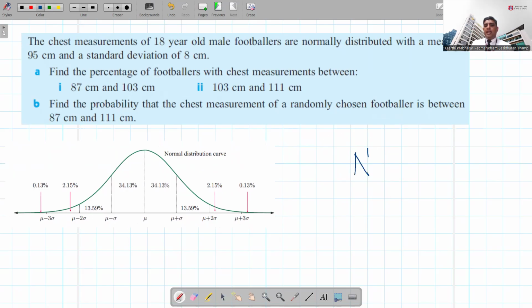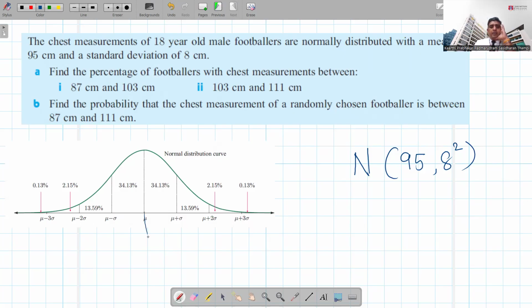So that means N(95, 8 squared). That's how I can explain this. This is a normal distribution with a mean of 95 and a standard deviation of 8. I'm showing you this again and again so that you understand how a normal distribution is expressed in statistics.